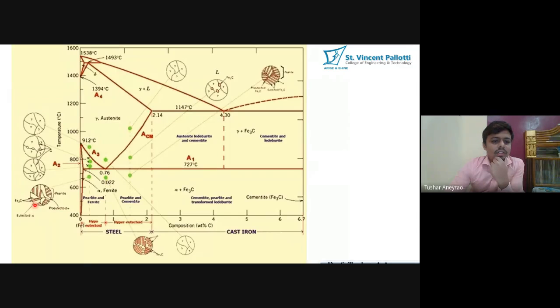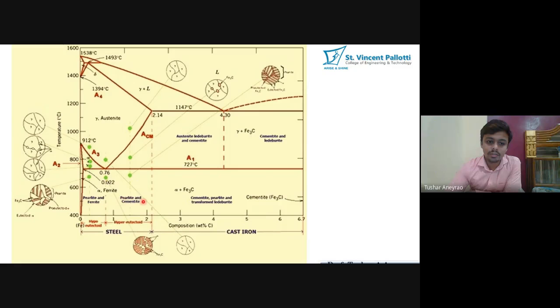One lamella of Fe3C and one of alpha ferrite. That means 50% alpha ferrite and 50% cementite. So this mixture, which is 50% alpha ferrite and 50% cementite, I am going to get only at 0.76%.